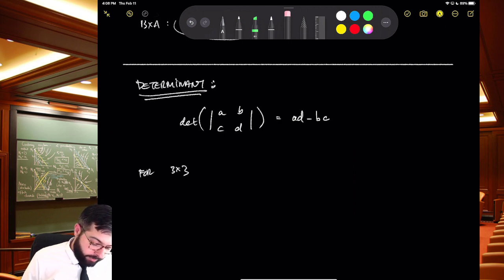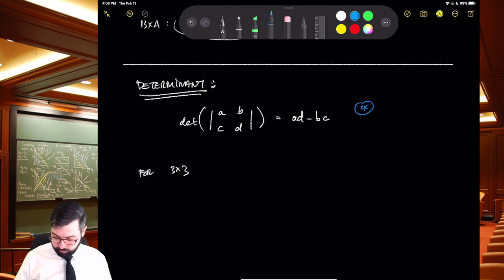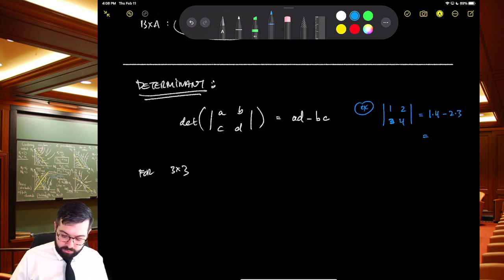So, for a concrete example, the determinant of this 2x2, 1, 2, 3, 4, is going to be 1 times 4 minus 2 times 3, which is 4 minus 6, which is negative 2.